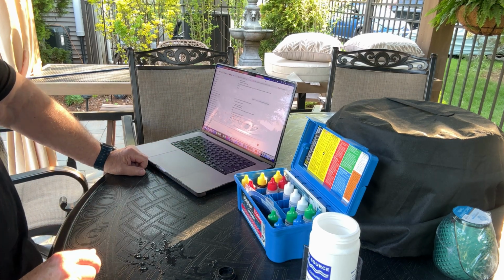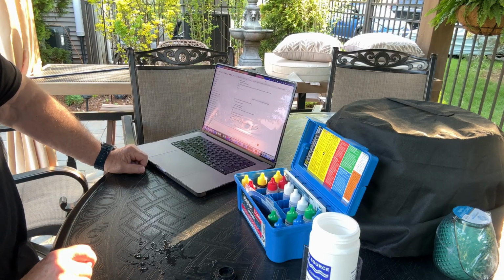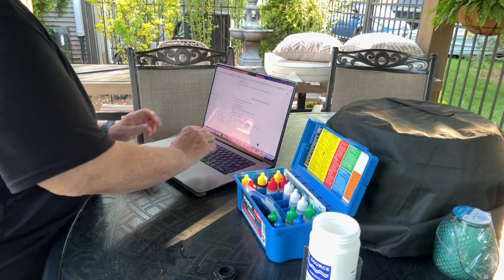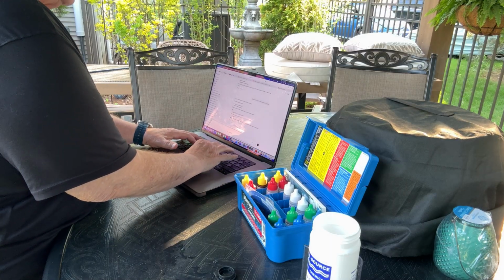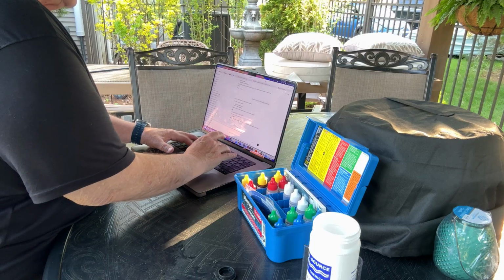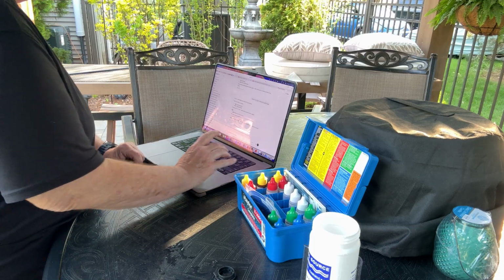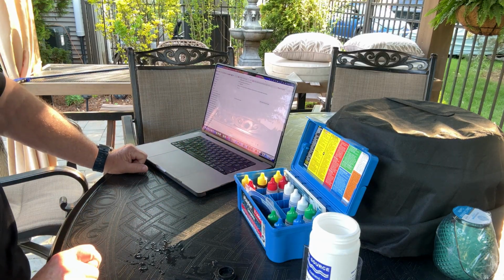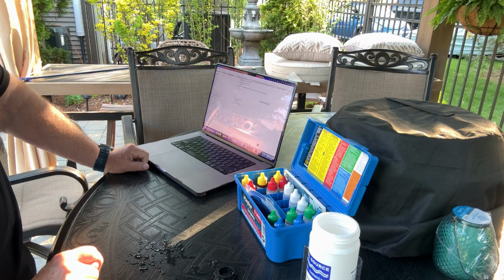It's telling me to add 40 ounces of 12.5% liquid chlorine. 40 ounces. How much is 40 ounces in cups? Five cups.